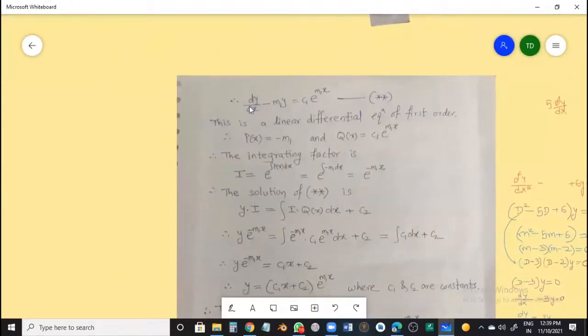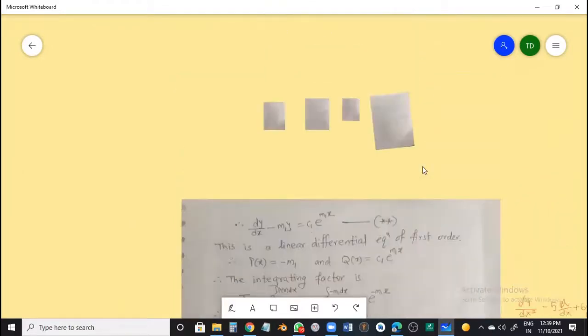What you observe here? dy by dx minus m1y is equal to c1 e raised to m1x you got. Do you agree? In the earlier equation, we have noted it down. So it again becomes a linear equation.